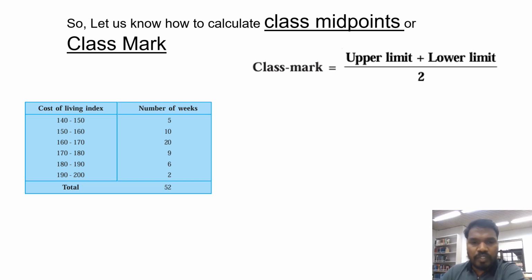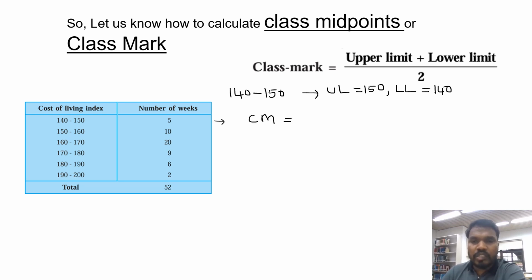So here the first class interval is, what is the class interval? 140 to 150. In this, what is the upper limit? 150. And what is the lower limit? 140. So then how can we find the class mark?